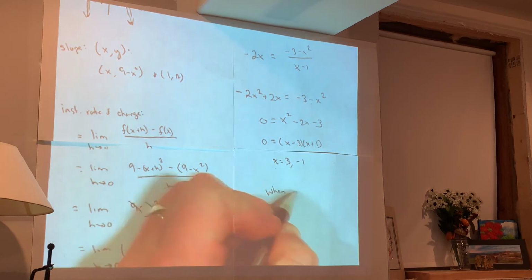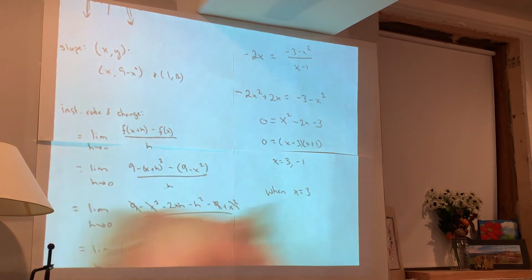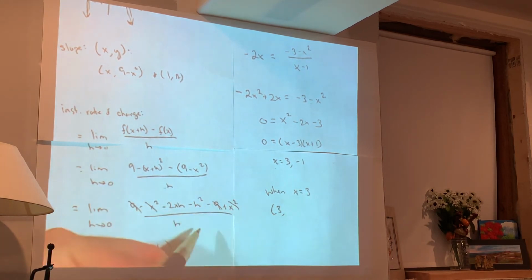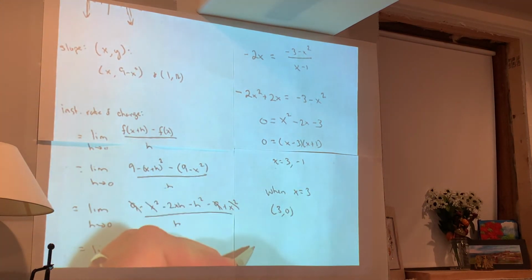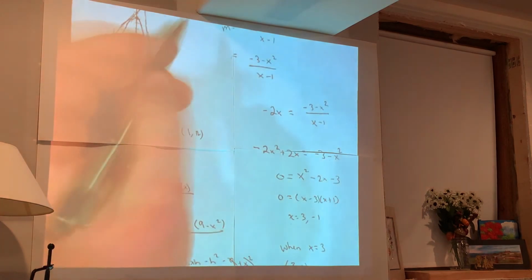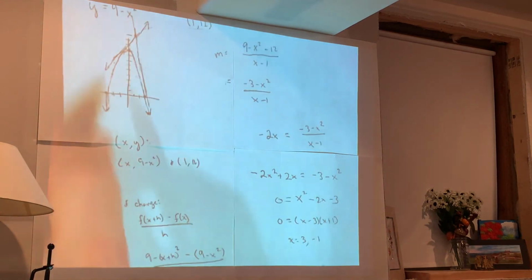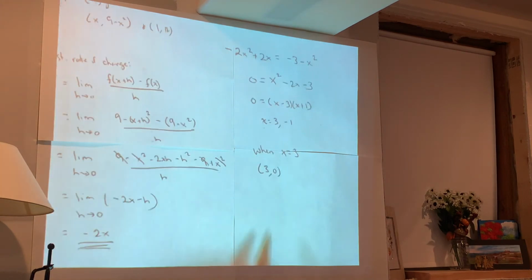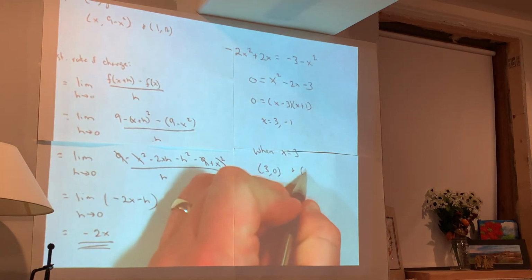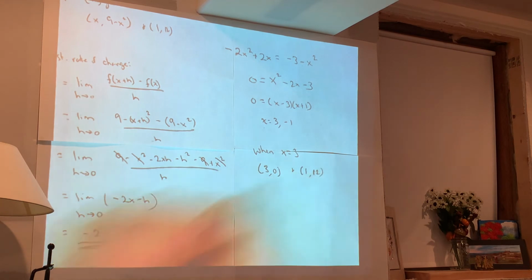When x equals 3, we really have the ordered pair (3, what?) (3, 0). Right there is (3, 0). Plug in 3 for x and you get y equals 0. So we've got that point, and again (1, 12), making up the tangent line.